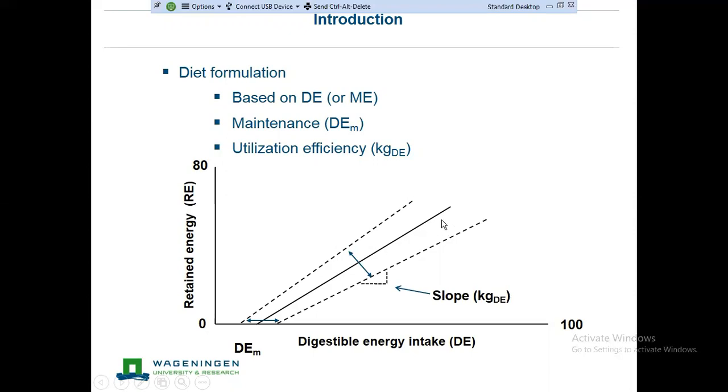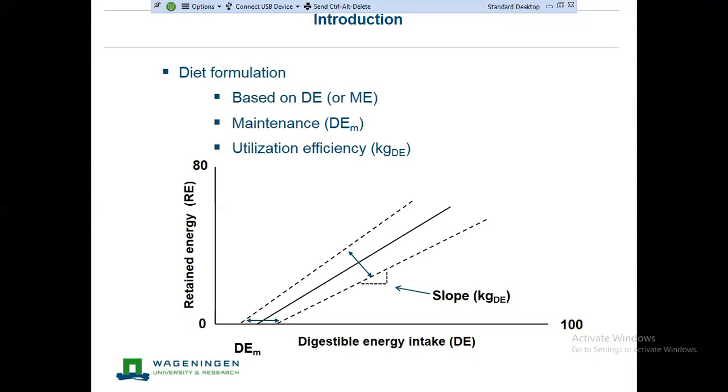And when we use a lot of lower quality ingredients, like byproducts from the processing industry, blood meal, or other plant-based protein materials, the slope of this model fluctuates, and that also leads to variation in the digestible energy maintenance requirements.